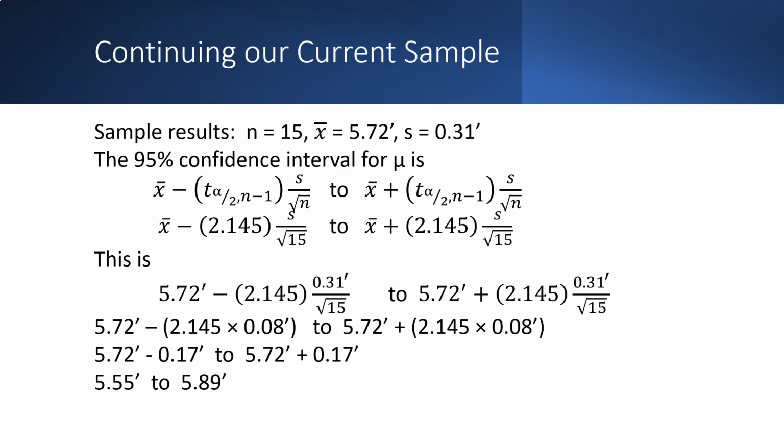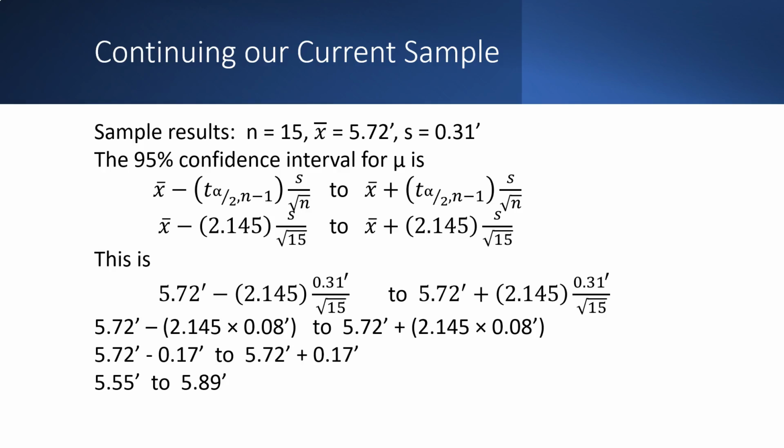Now, if I go back to my discussion of meal heights, if my sample size is 15 and my sample mean is 5.72 feet with a sample standard deviation of 0.31 feet, we can construct a 95% confidence interval for our population mean by using our t-statistic instead of a z-statistic.